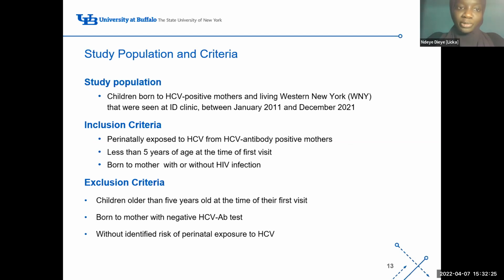So the study population was children born to HCV positive mothers living in Western New York that were seen at the infectious disease clinic between January 2011 and December 2021. We included children that were perinatally exposed to HCV from HCV antibody positive mothers, children who were less than 5 years old at the time of the first visit, and children born to mothers with or without HIV infection.